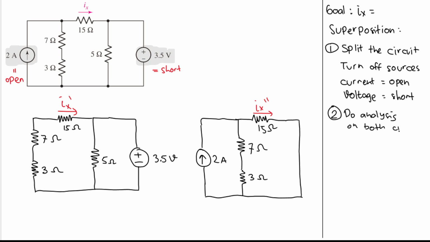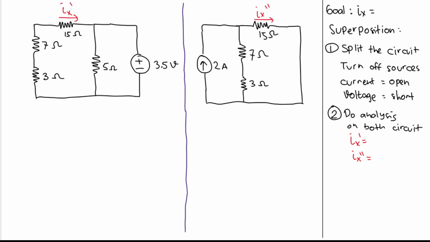So we need to find out what Ix prime is and what Ix double prime is. Good. Okay, maybe let's clean this up, and we need to do circuit analysis here.